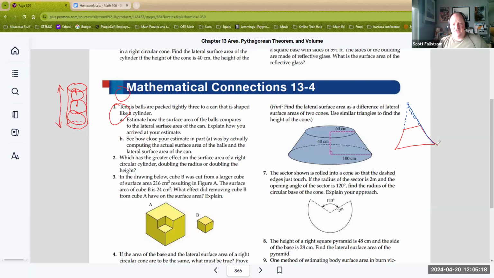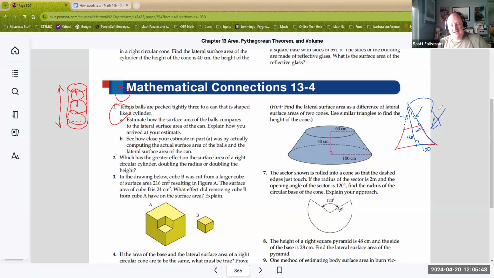And what you end up with is similar triangles. The top small triangle is going to be similar to the whole great big triangle. Now you know the radius here, you know the radius here, so that gives you your ratio of sides. If this is 40, how big does that one up there have to be?